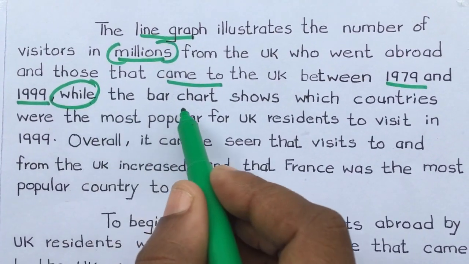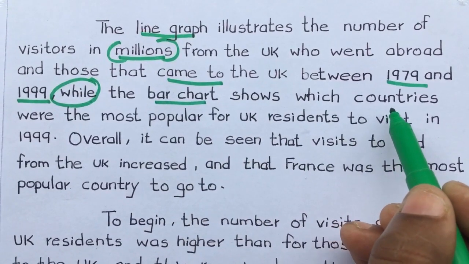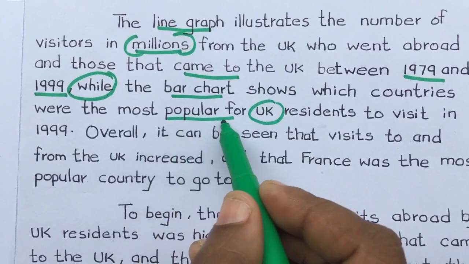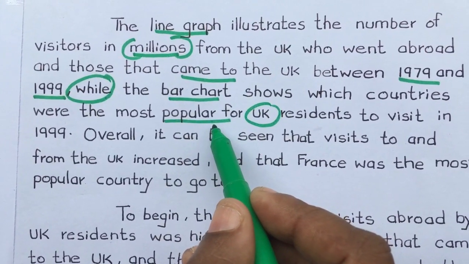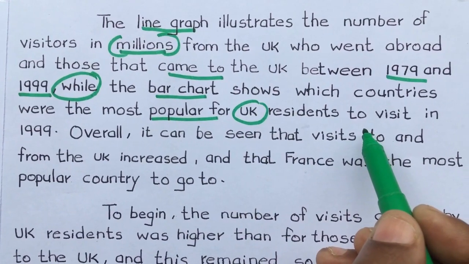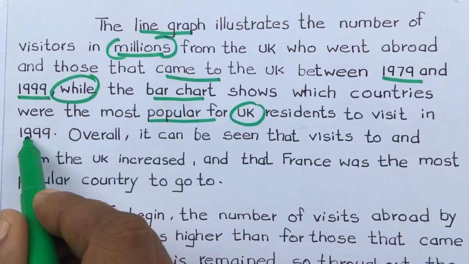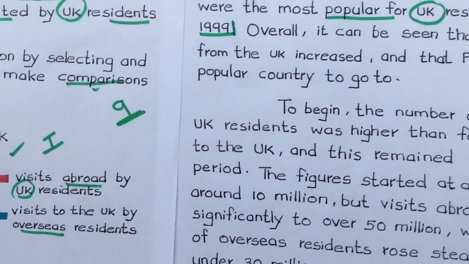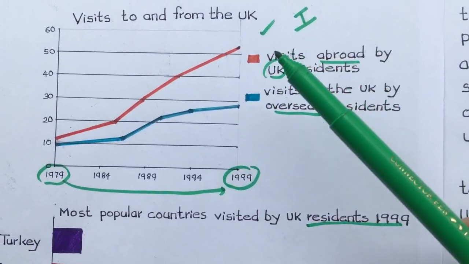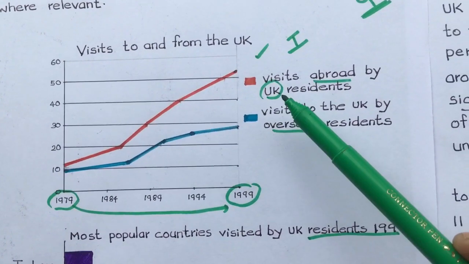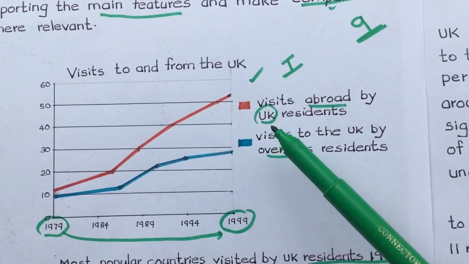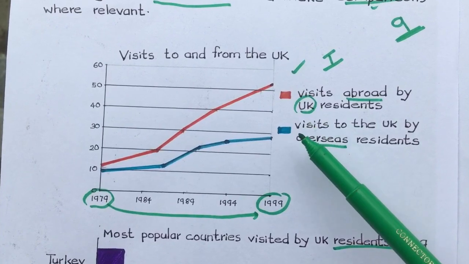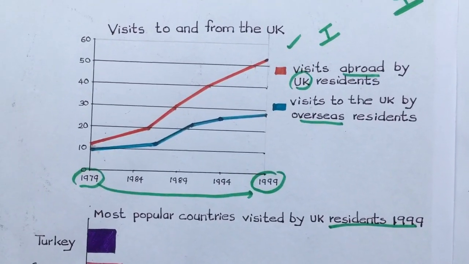So while the bar chart shows which countries were the most popular for UK residents, it is about popularity, whichever countries the residents were interested to visit, in 1999. Let's move to the diagram, then I'll explain clearly. My first sentence was: the line graph illustrates the number of visitors in millions, because it is given here in millions.